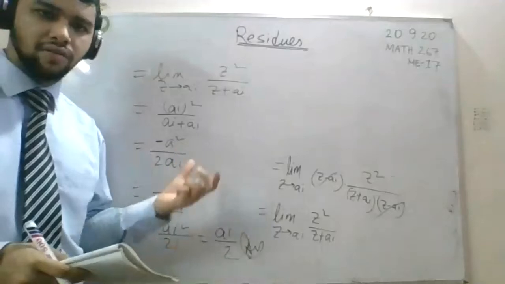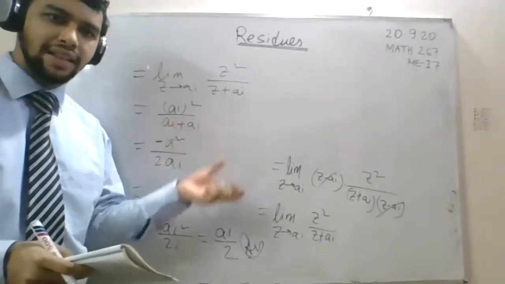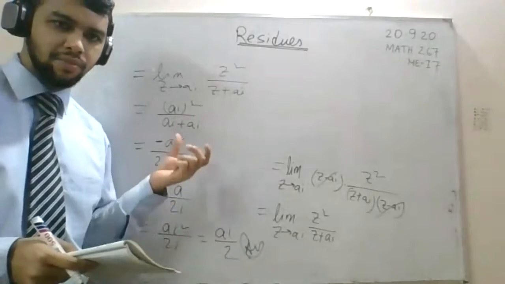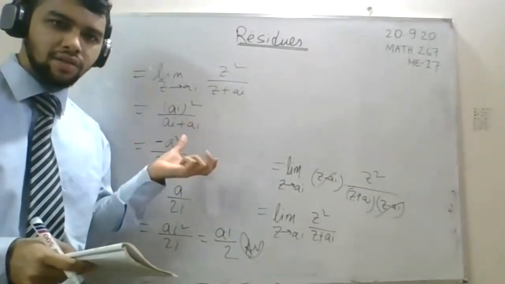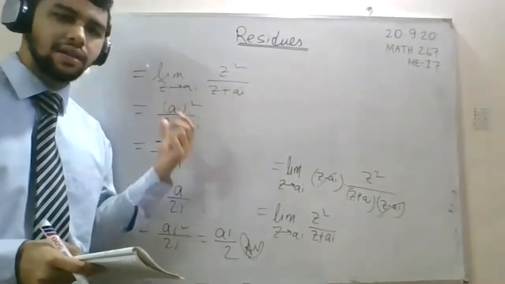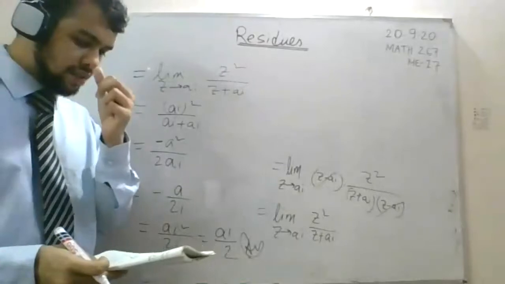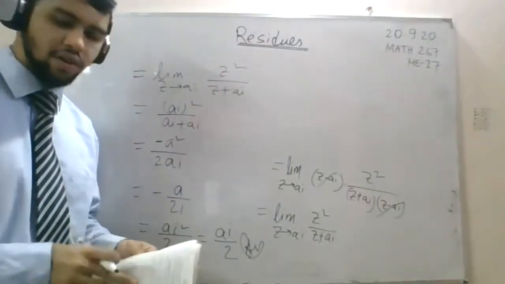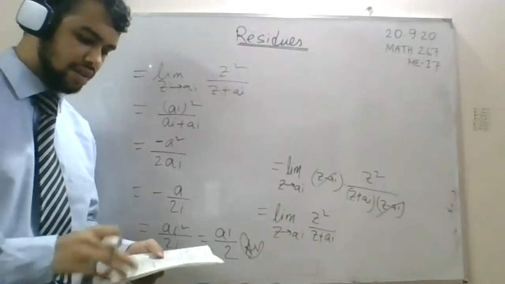Okay. We can also find the residue of this function using the negative value. We found z equals plus minus ai, right? Once we find it with ai, similarly, using the same formula, you can find the residue of the function for the negative value. So this is the formula for finding the residue at a simple pole of the function.